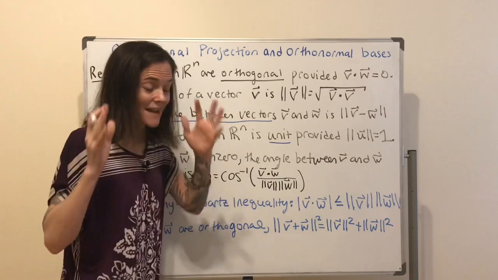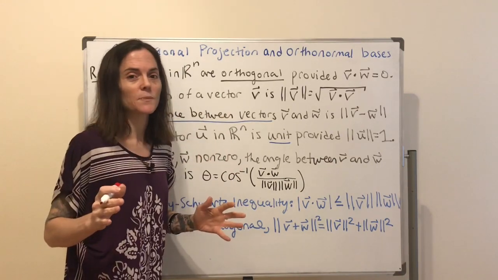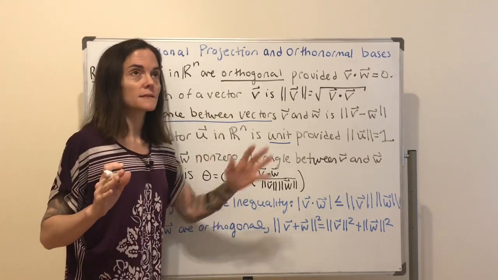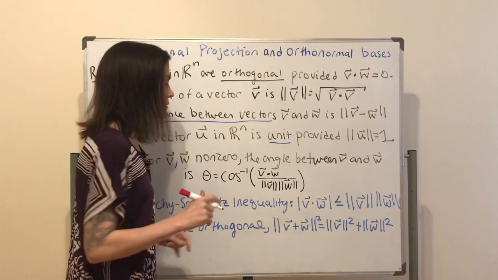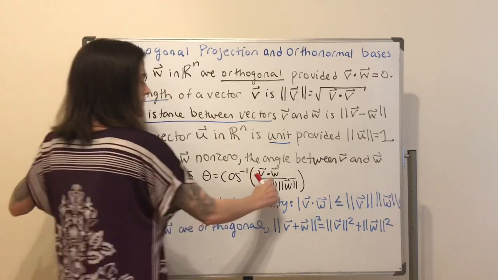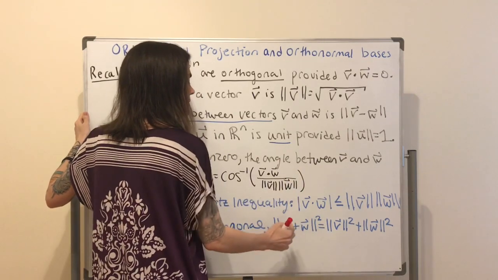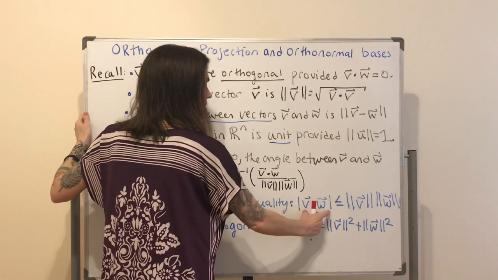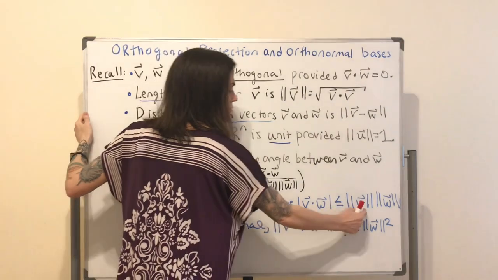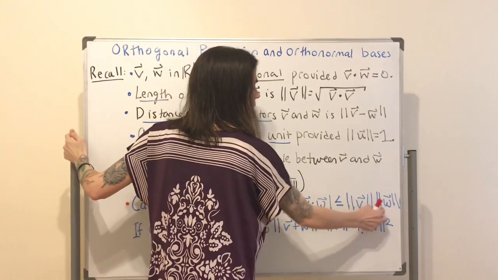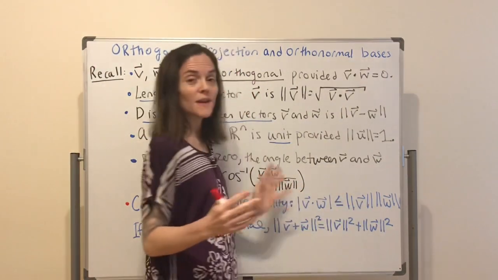So we know in absolute value the cosine is always less than or equal to 1. And so if this absolute value is less than or equal to 1, then that would say that the absolute value here is less than or equal to these two products. And these two are always non-negative anyway, they're lengths.